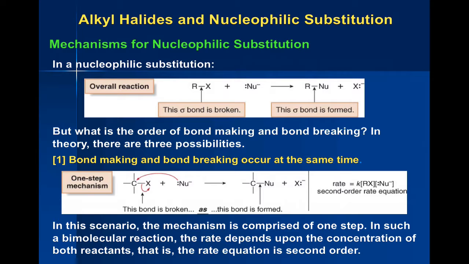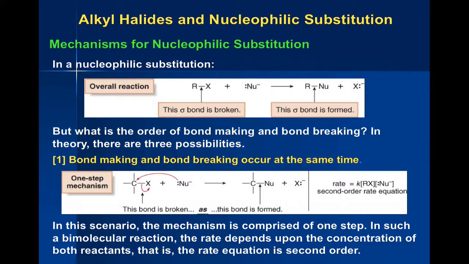What does it mean to be second order? What does the order of a reaction rate mean? What does it tell us? You all did this in general chemistry. You determined reaction orders, right? Remember? That's why that course is a whole prerequisite to this one.